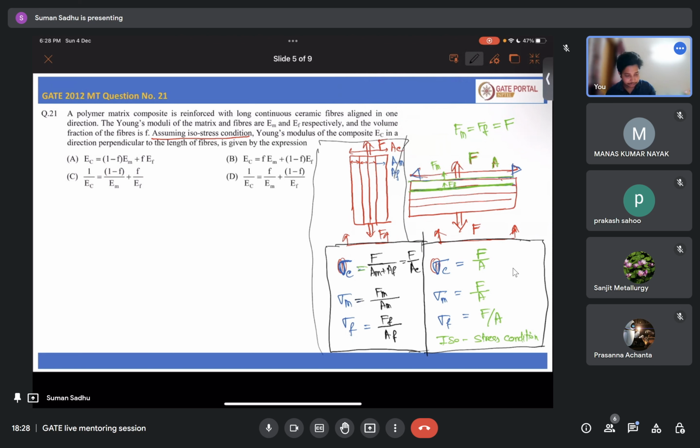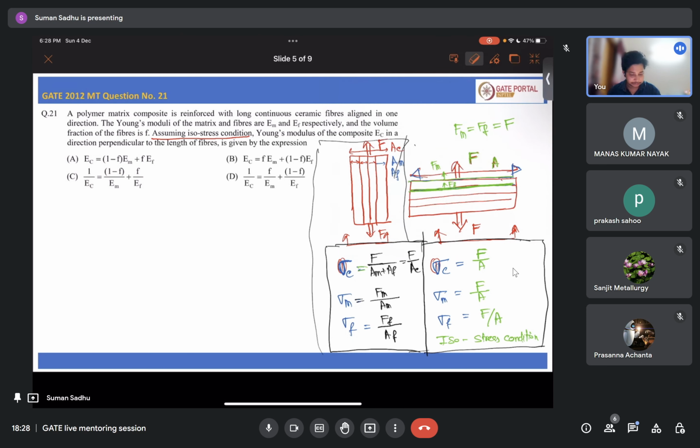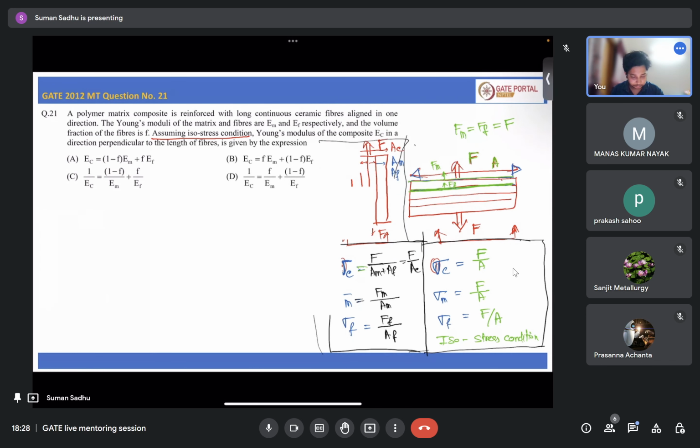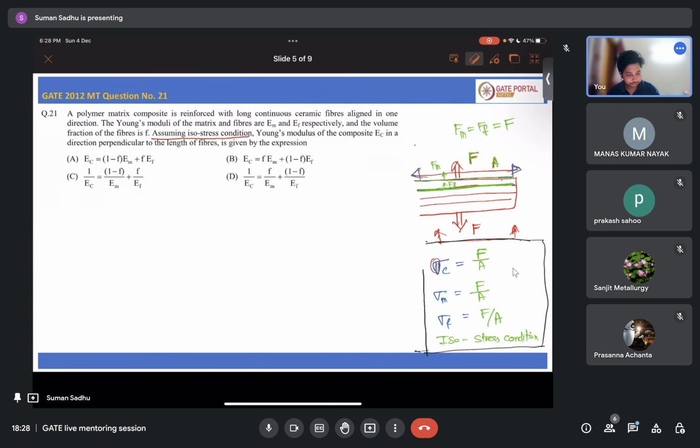We'll now only discuss the transverse direction. Okay. So now we know the isostress condition, sigma c is equal to sigma m is equal to sigma f, right? Now what is elastic modulus?